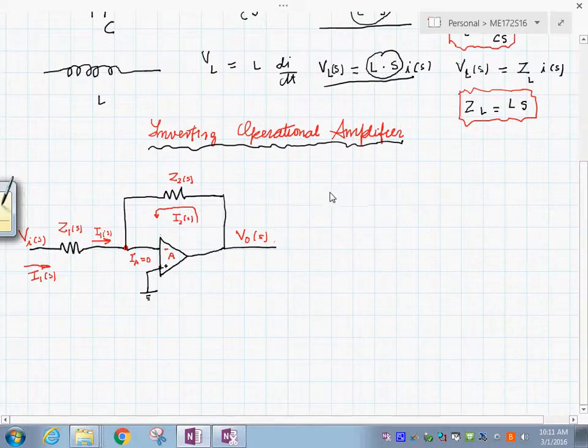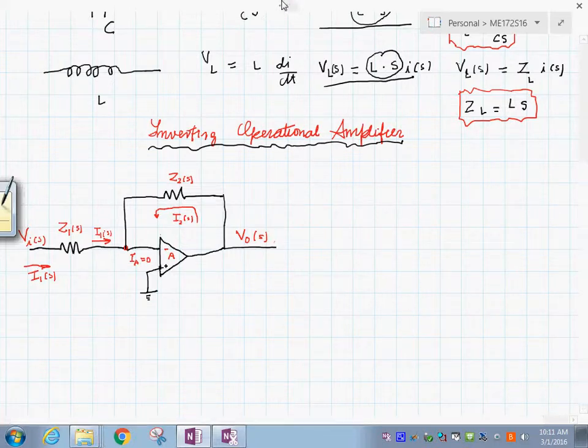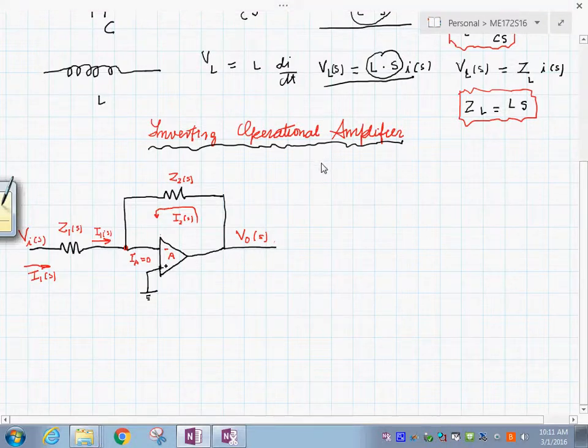For short, people call it op amp, like that. So if you have this in here, we are going to draw it like this.